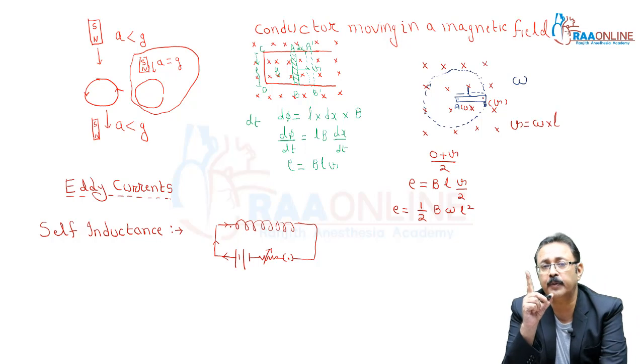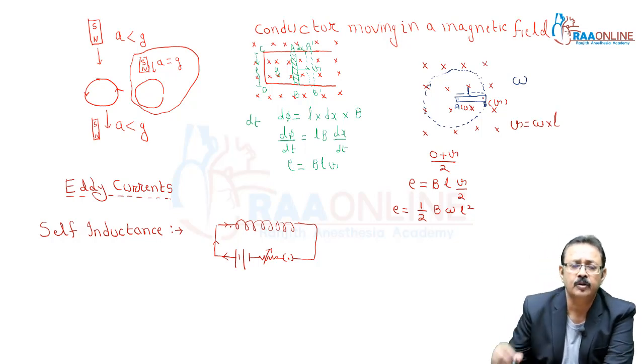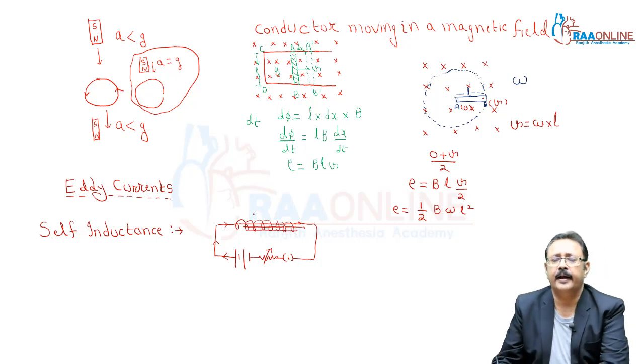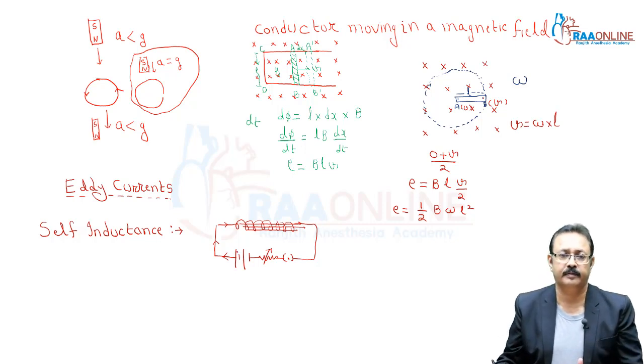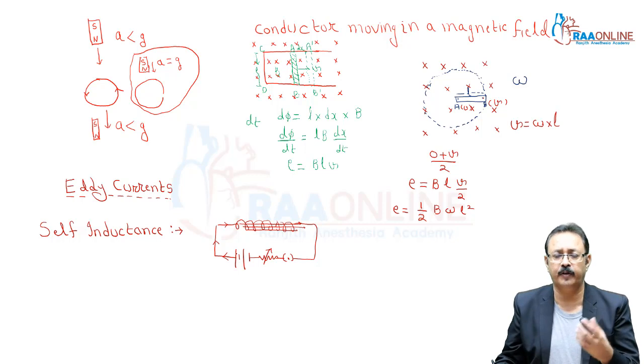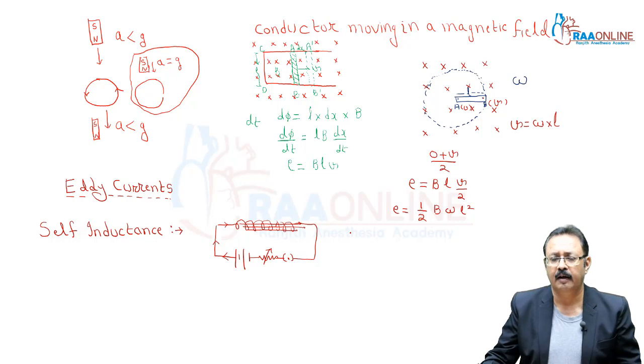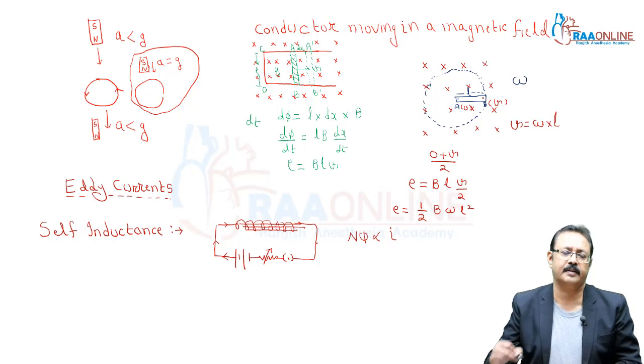We know that current produces magnetic field. So some lines of force are passing through this coil. If you make the current stronger, the magnetic field will be strong. More lines of force will be there. It means the number of lines of force related to this coil is proportional to the current passing through it.